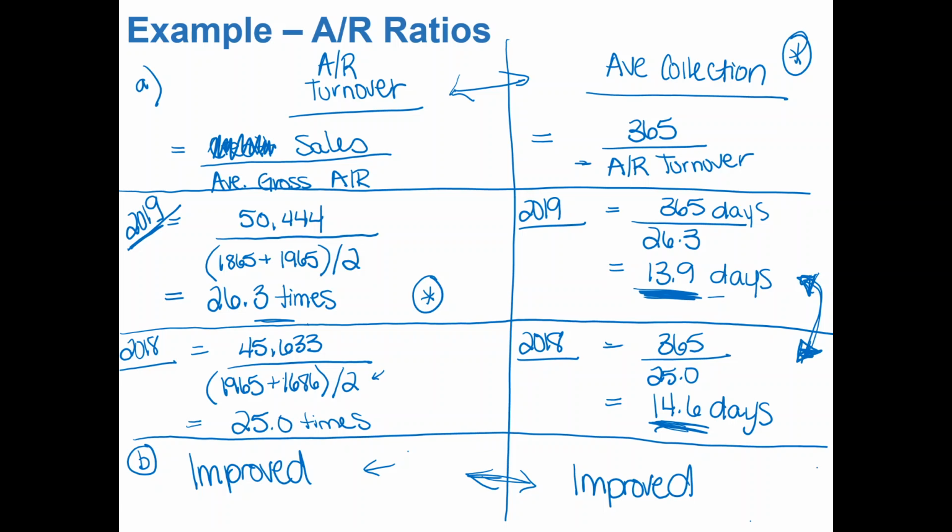So Coffee Corp would want to look at that and figure out why customers are paying slowly. Is there a way to get them to pay more quickly? Or maybe they shouldn't be granting credit if these customers aren't able to pay on time. Okay, so that is just a way to look at these ratios and use them to help make important business decisions.